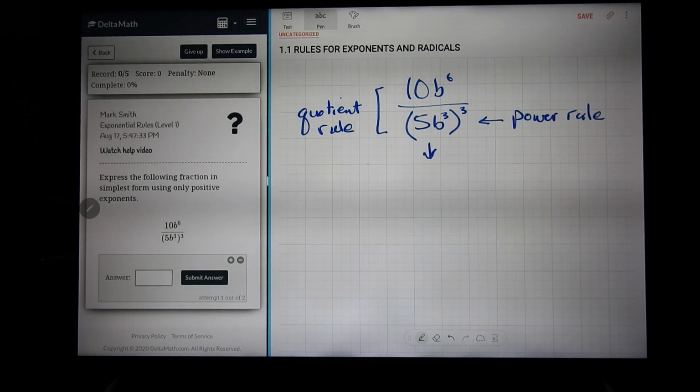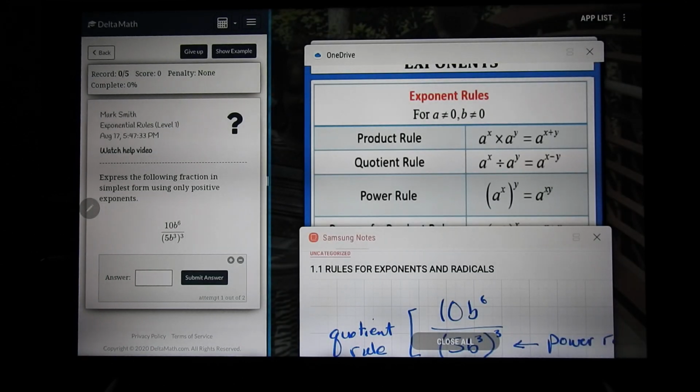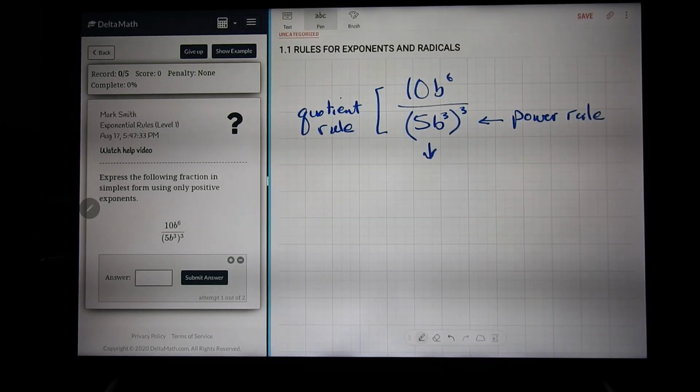So over here on our handy little slide, we can see the power rule says if you have an x on the inside and a y on the outside, you multiply them, it becomes xy. So we're going to use that rule here.